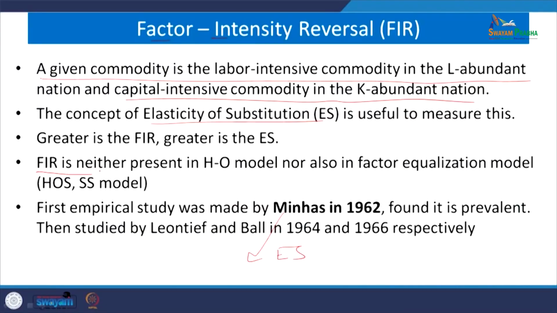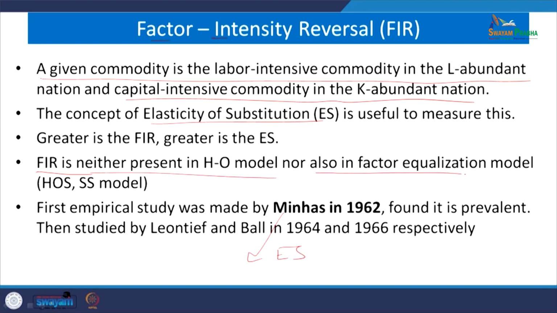The intensity is not necessarily confined to a very rigid framework; a factor can be intensively used in another industry. Therefore, a commodity is labor intensive in one country, and the same commodity can be capital intensive in another country, which contradicts the Heckscher-Ohlin model.